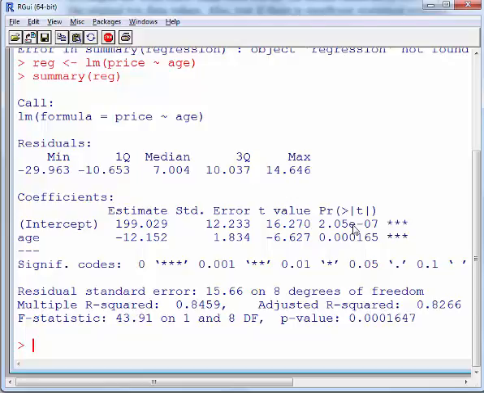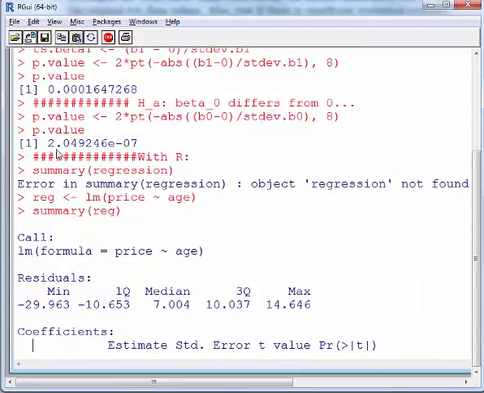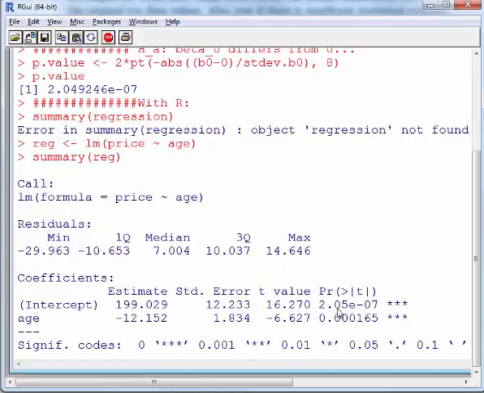They're for testing hypotheses about whether or not the intercept and the slope equal 0, whether or not they differ from 0. So in fact, you'll see these appearing up here. For B0, for the intercept, the p-value is 2.04924 times 10 to the negative 7th, which rounds to 2.05 times 10 to the negative 7th.